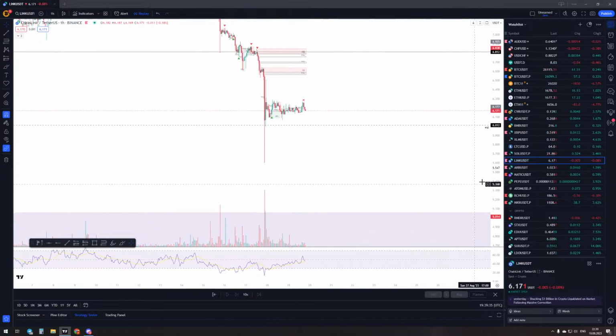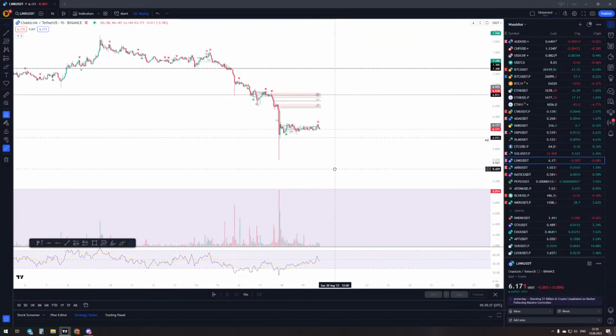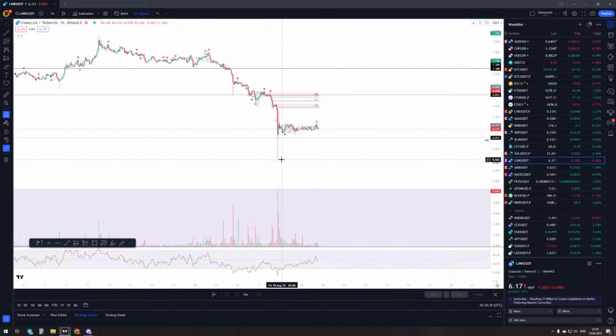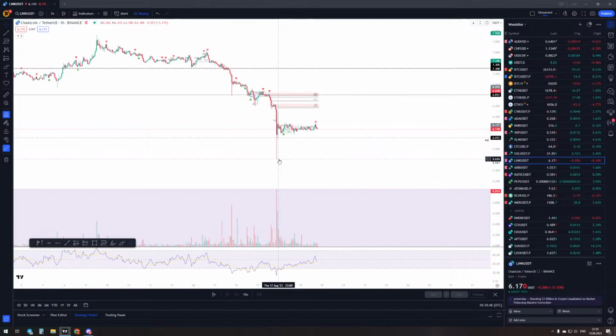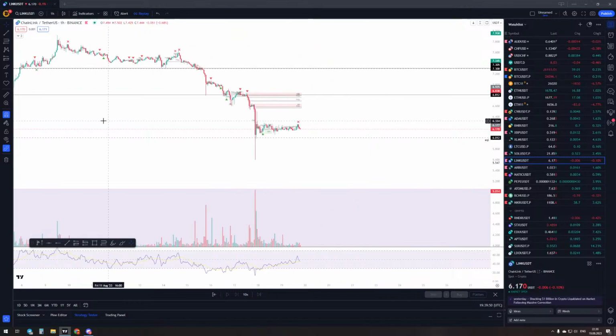Because we can just go lower to grab this liquidity from here, and right now there's fear in the market, and this is crypto, so it can go down from here to grab this internal liquidity, and it will be enough because we can just ignore this candle, right?